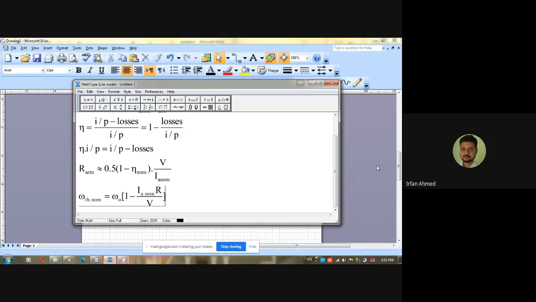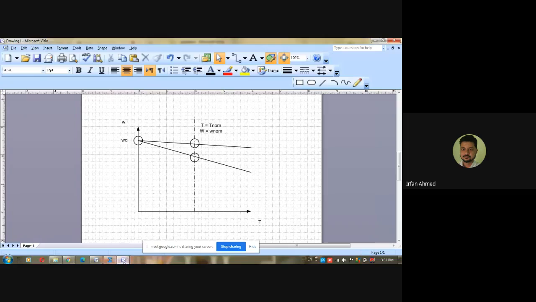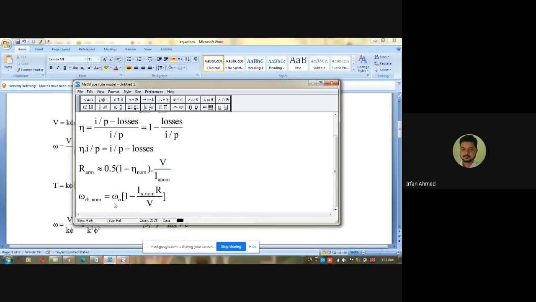This is how you can find out the value of speed at this point. How this equation has come, I'll show you later.